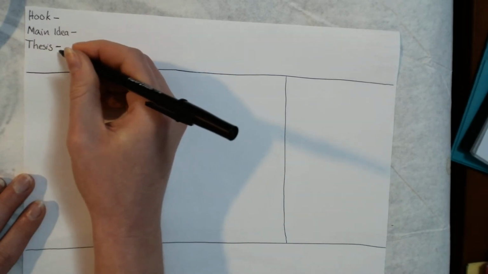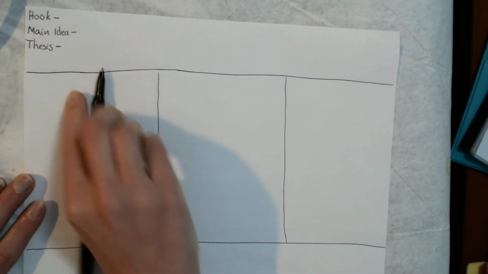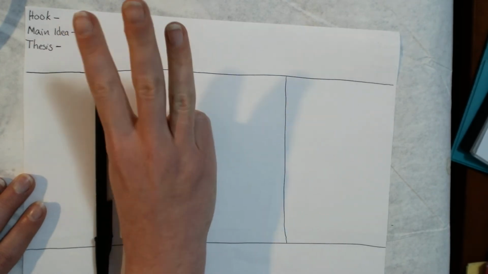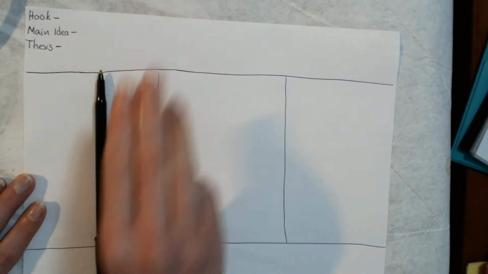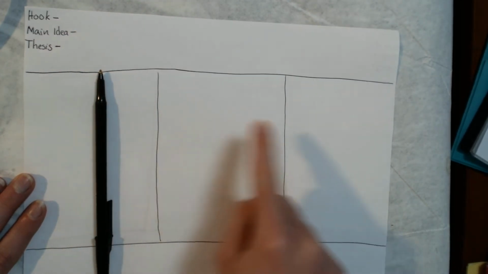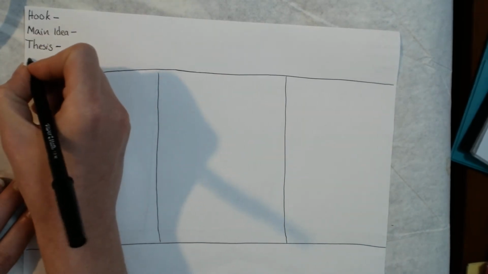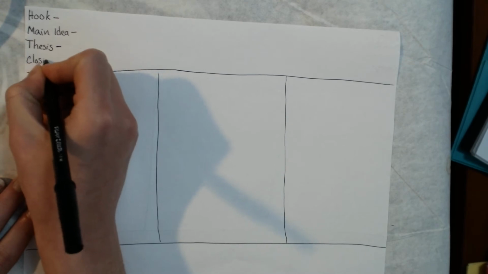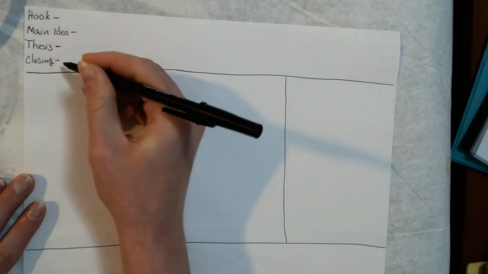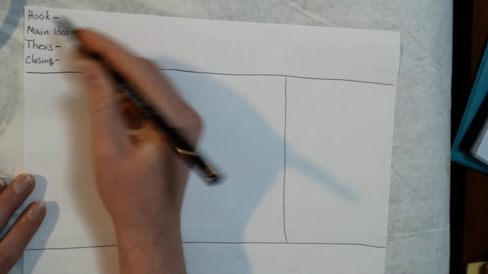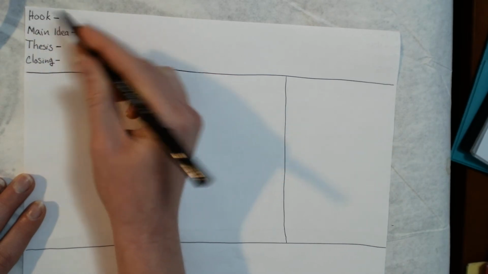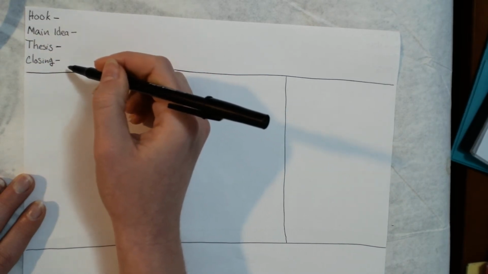It's like your preview for your whole paper. It's one sentence with your 3 main points that you're going to talk about in your 3 body paragraphs. After your thesis sentence, you need your closing. Remember, the closing sentence just has to do with this paragraph. So you're just going to wrap it up to give a sense of closure to your reader.